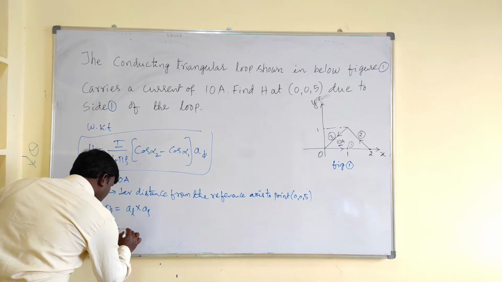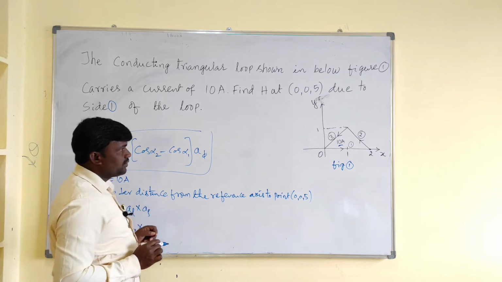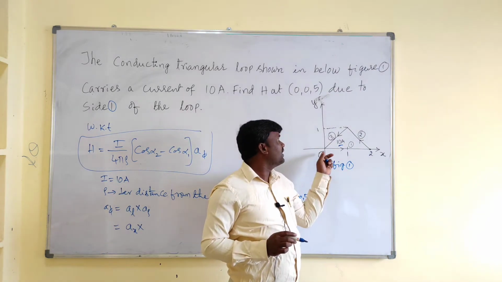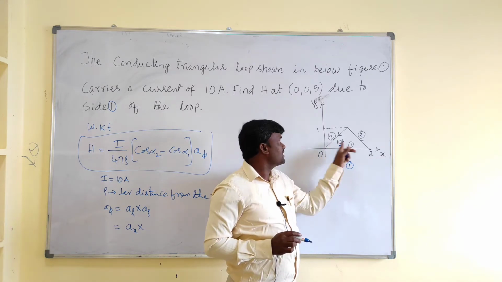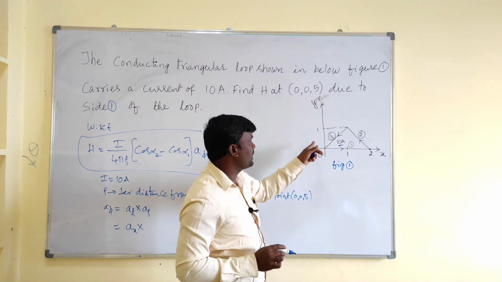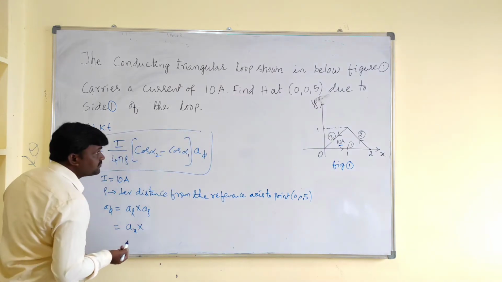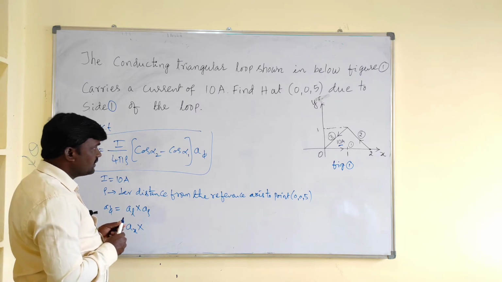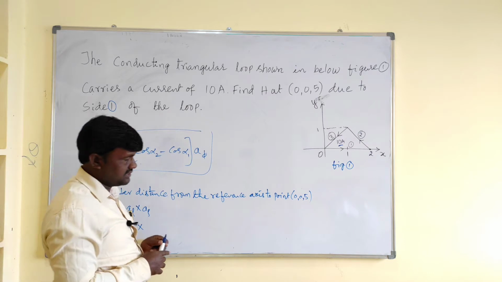That's why aL can be taken as ax. And a rho is the unit vector along the perpendicular distance. Here, for this x-axis, the perpendicular is y, so we can take this as a rho.